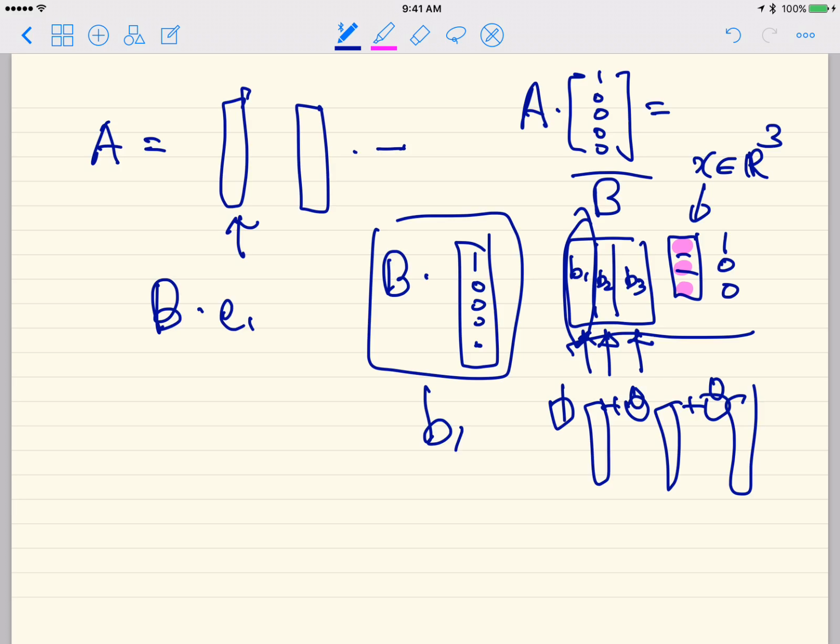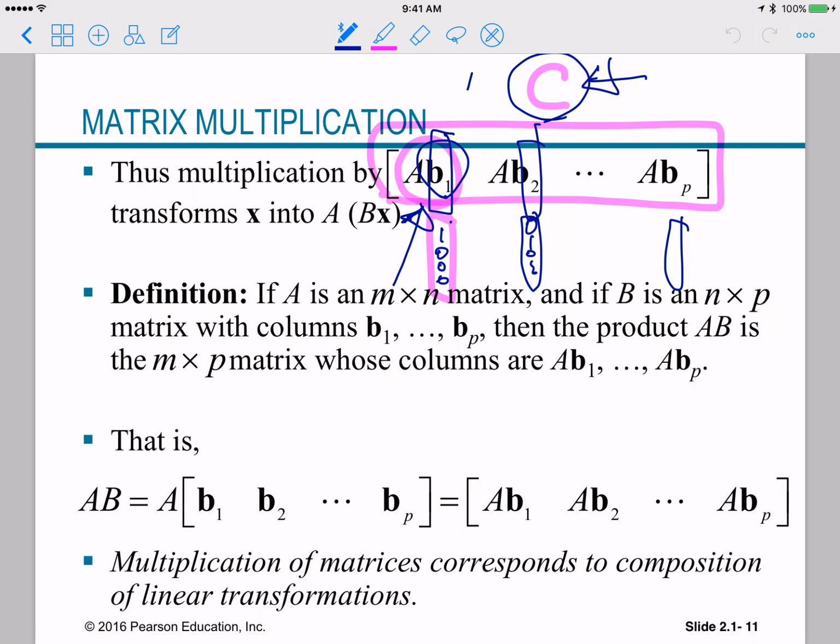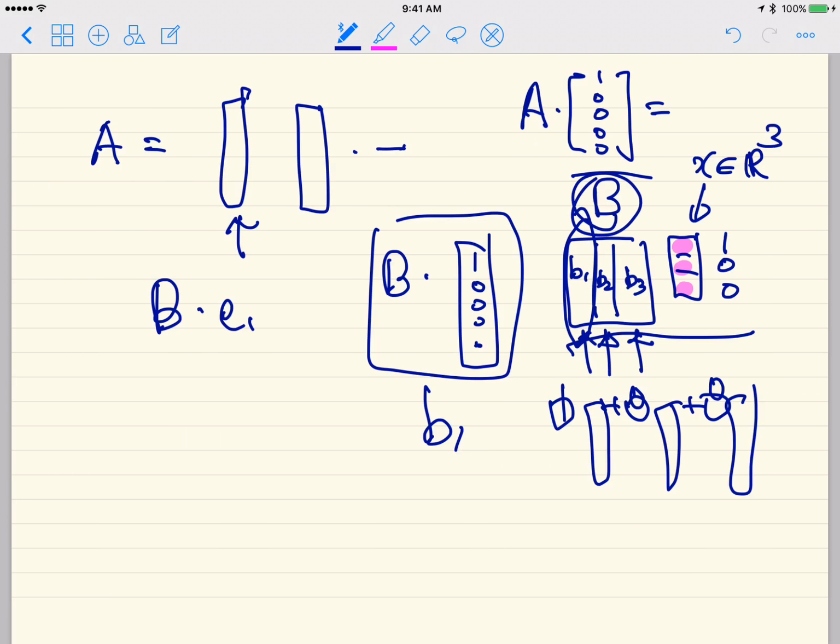So instead of using 1, 0, 0 or this kind of standard unit vector, we are using the first column of matrix B. That first column is actually the output of matrix B times E1, or matrix B times 1, 0, 0.